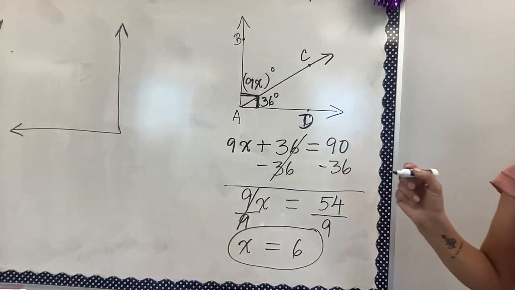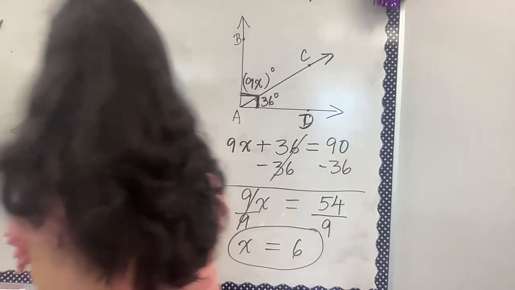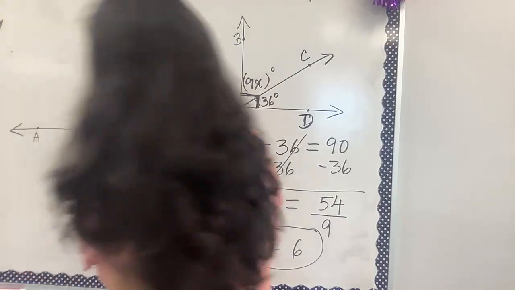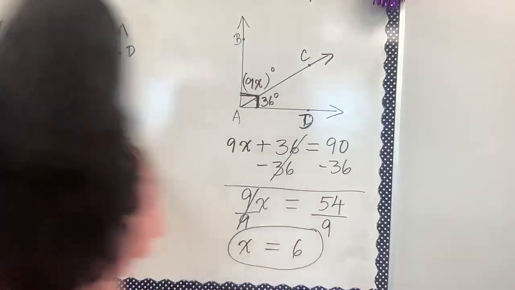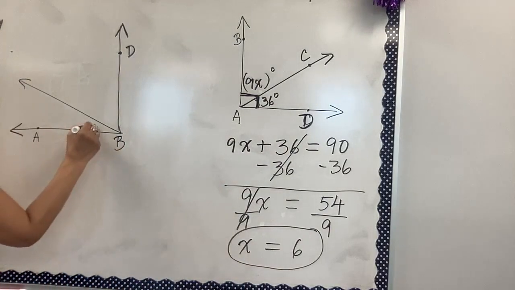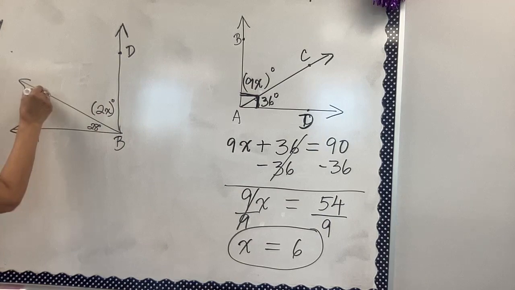So this is A, B, and D. And this is 28 degrees. This is 2x degrees. This is C.